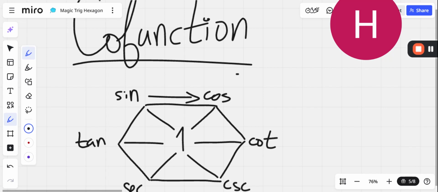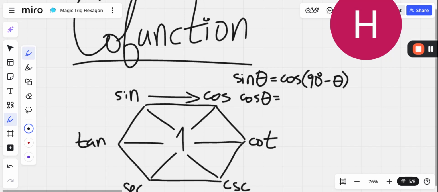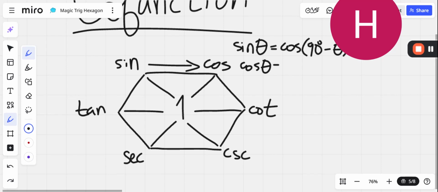And the identity between these is that sine of theta equals cosine of 90 minus theta. That's in degrees. Similarly, cosine of theta is related to sine in this same way.